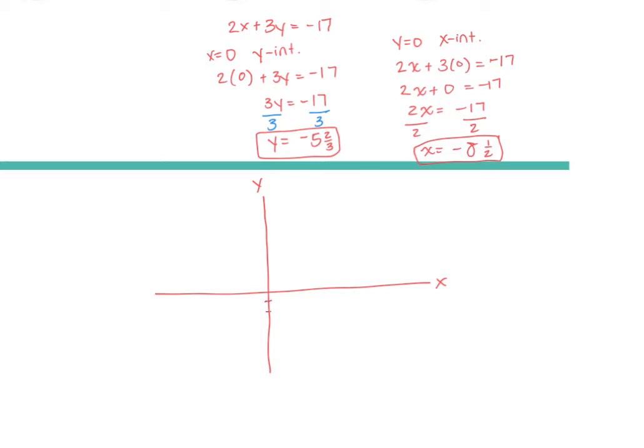So 1, 2, 3, 4, 5, 6, somewhere over here. And then for the x-intercept, it's at negative 8 1/2. So let's go to the left. 1, 2, 3, 4, 5, 6, 7, 8, 9, right between negative 8 and negative 9.